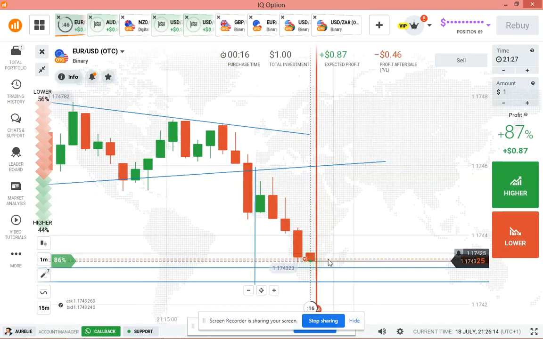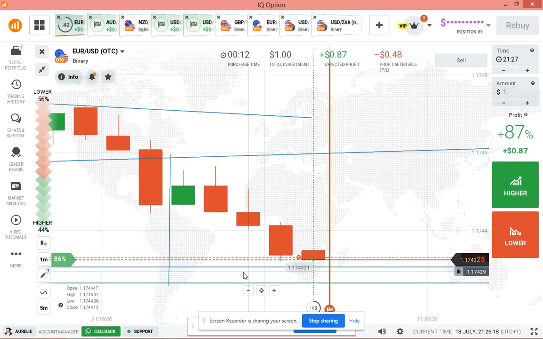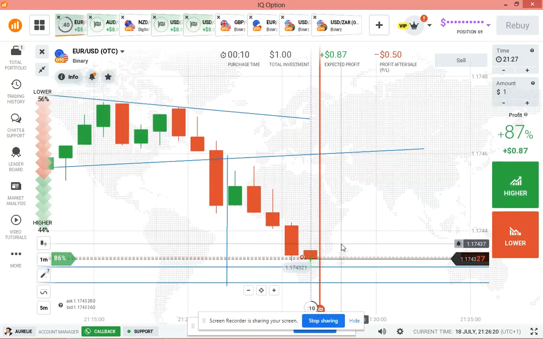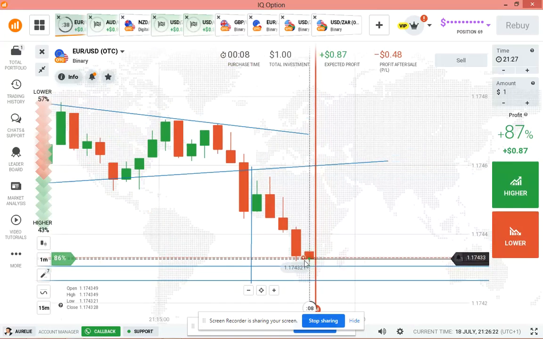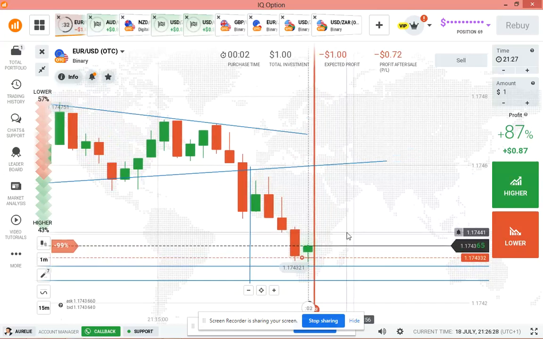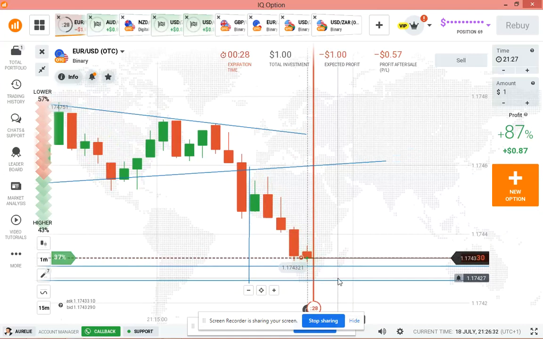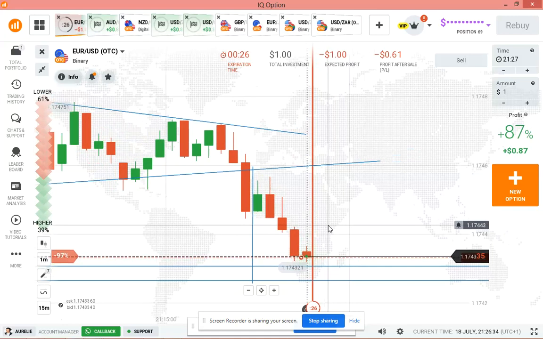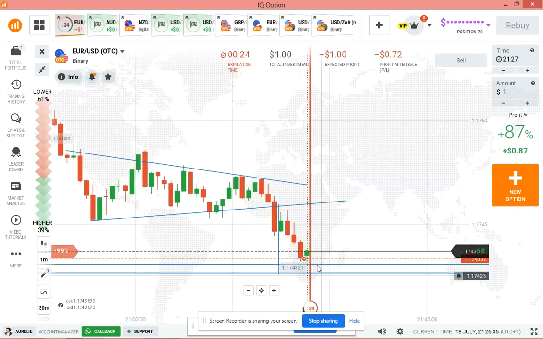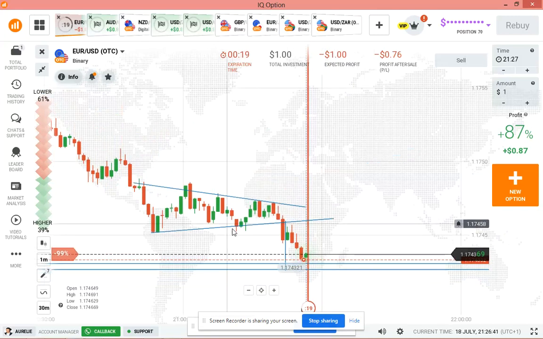Let me see what is going on here. The reason why I drew this line is because I want to see if the price will touch this line and buyers will enter, and if buyers enter, sellers will enter to fill the gap, because that is what the market always does.